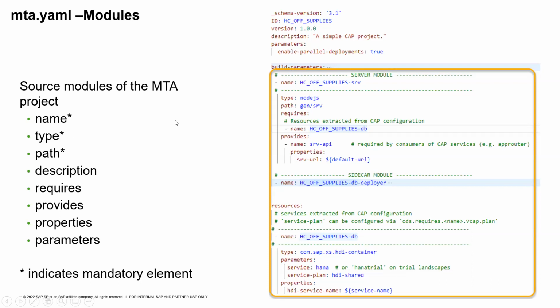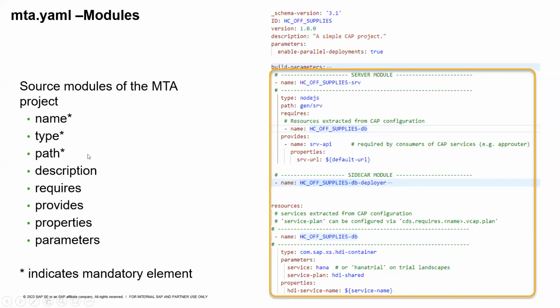Then we have type, the mandatory content of the module. So here you see it's a type of Node.js. We can also have HDB module, we can have Java module, we can have HTML5 module. So that's the type of the module. Then path is again mandatory, a file system path starting from the application's root directory. So this is the path. So name, type, and path are mandatory for the module.